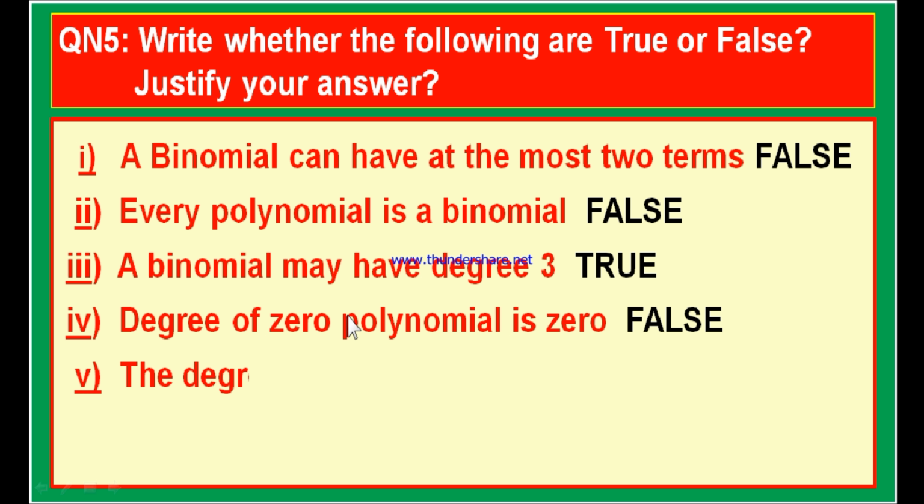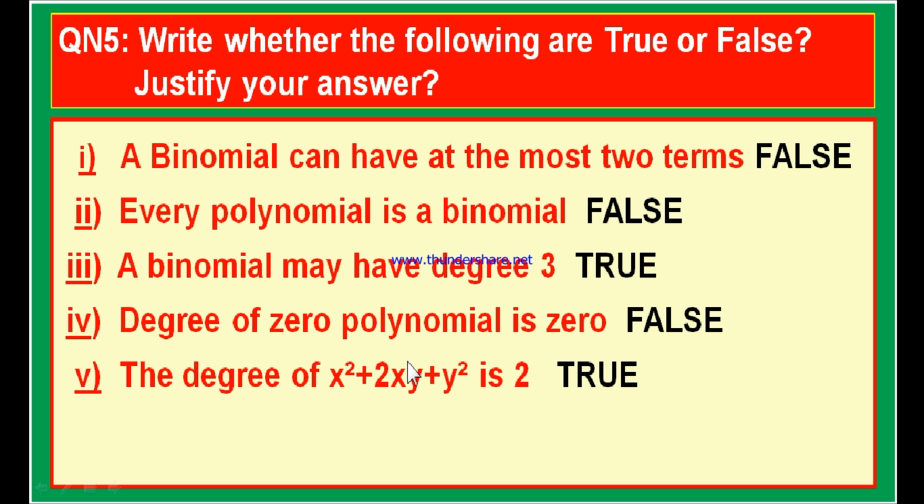Now, fifth bit, the degree of x square plus 2xy plus y square is 2. Let us verify this. Here we have three terms: x square, the second term 2xy, and the third term y square. Here the exponent of x is 2. The second term contains two variables x and y, isn't it?